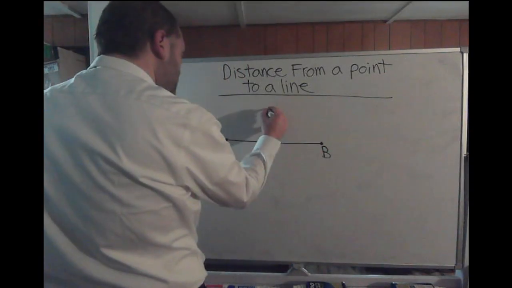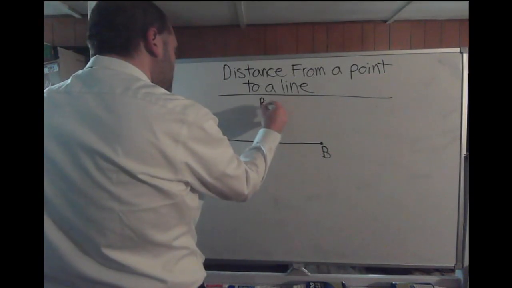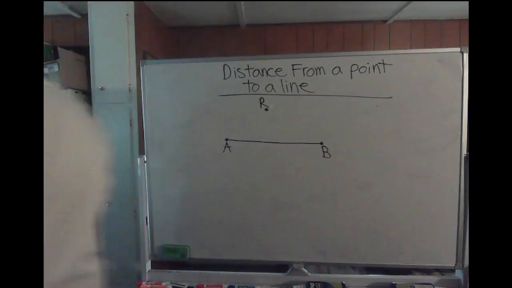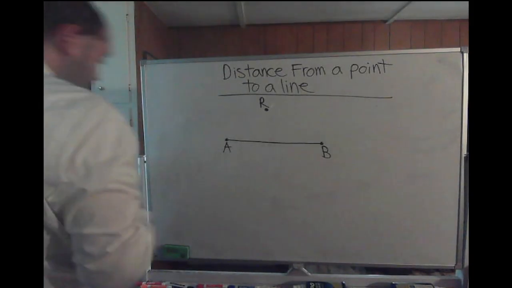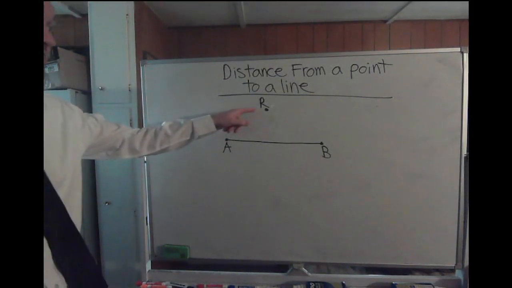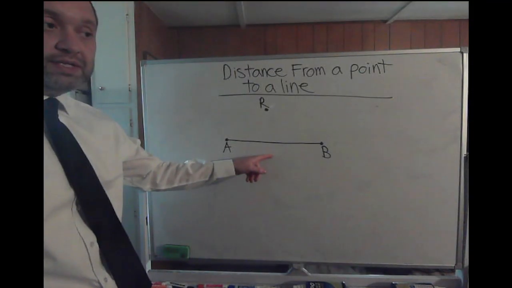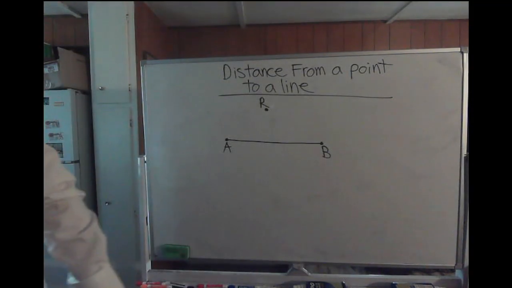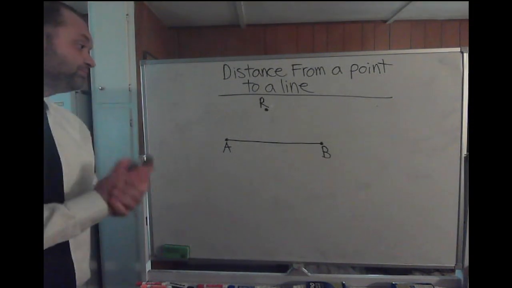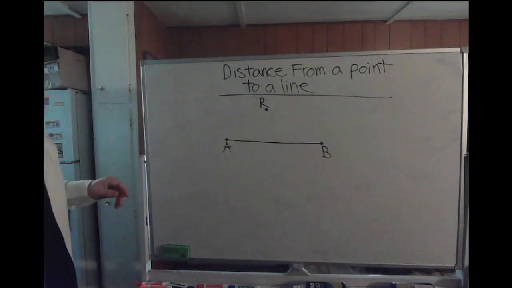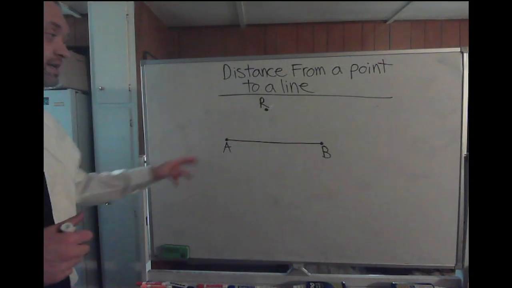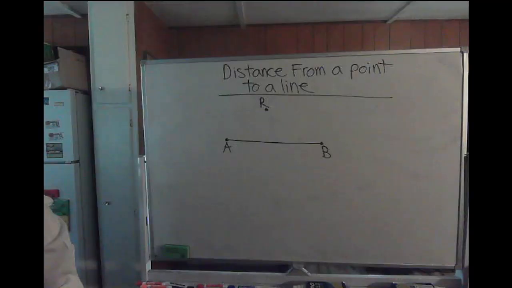Alright, so let's say we wanted to find the distance from point R to line AB, or line segment AB in this case, right? Well, the distance is the perpendicular line.